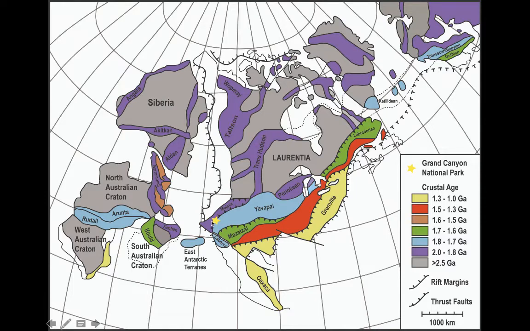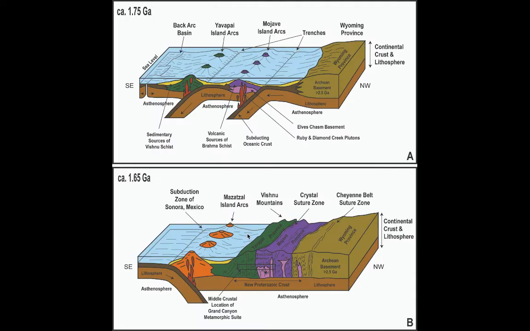These colored zones represent separate terrains and when they were formed, major mountain building events and terrain accretion events. For example, the Mojave province here formed at around 2 billion years ago, the Yavapai around 1.8, the Mazatzal around 1.7, etc.